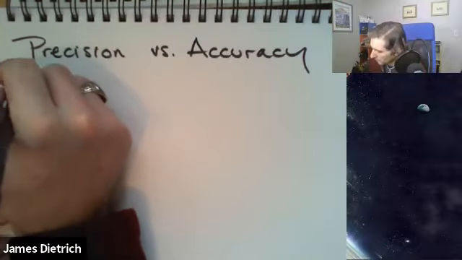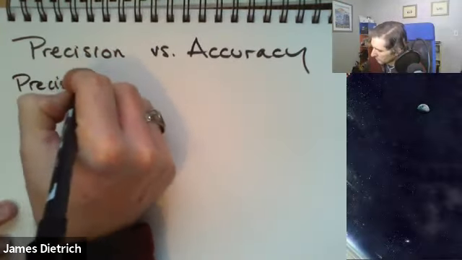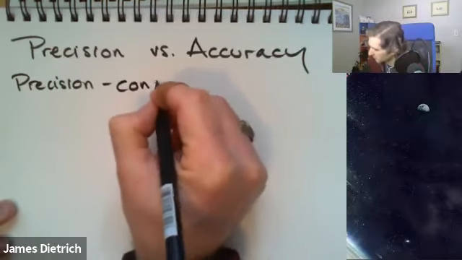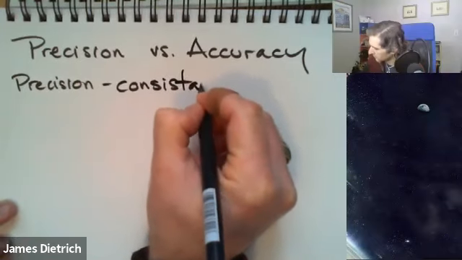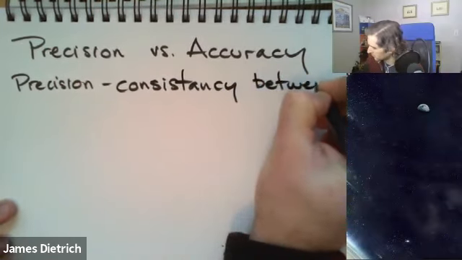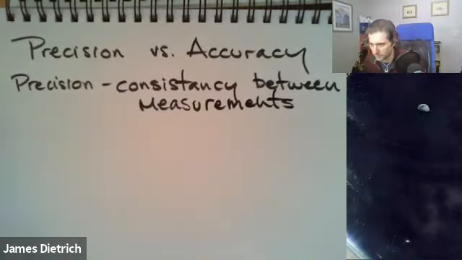So precision, you can think about as consistency. Consistency between measurements is the idea of precision.